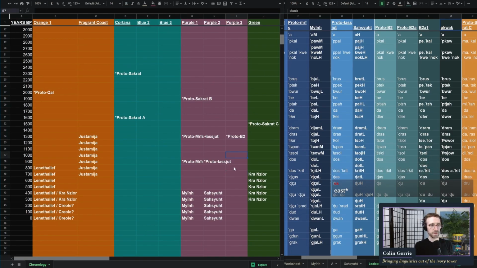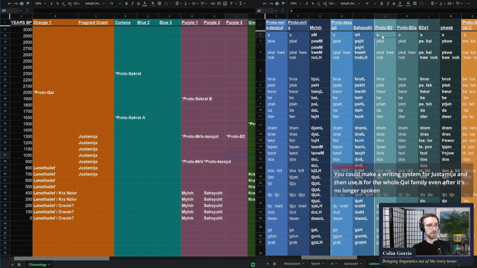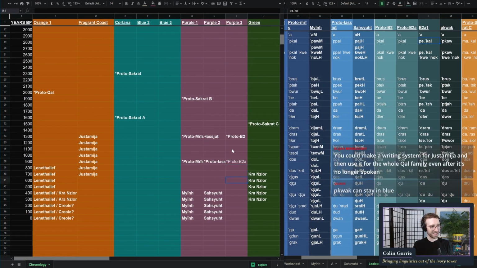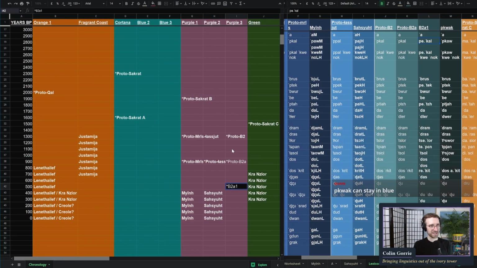These are just essentially different stages of the language. Proto B2A. Let's just give it a few hundred years between each of these. B2A1. And then we have Pquak as a spoken language. Clearly the best language. Okay. All right. This is cool.